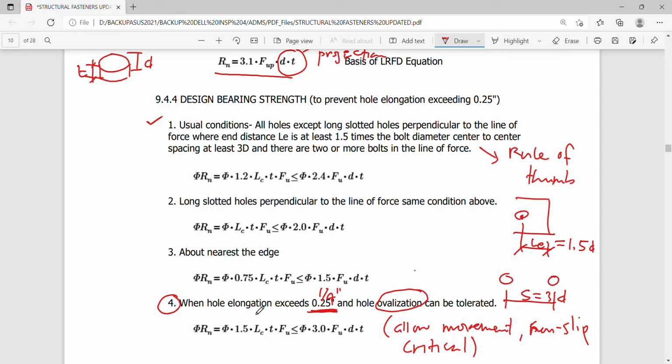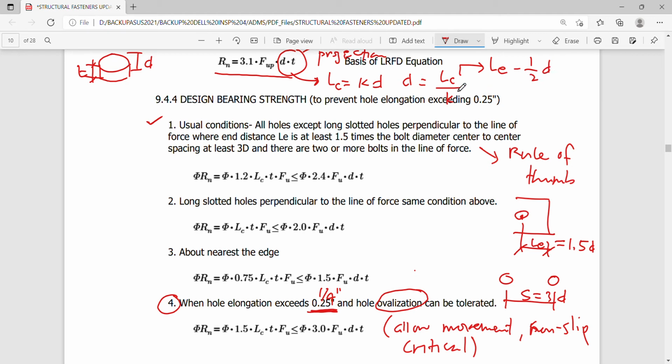And if we start here, we can say that if I substitute the value of LC in terms of a factor, let's say K times D, then D is simply equal to LC over K, where LC is again the edge distance LE minus 1/2 of the diameter of the bolt.